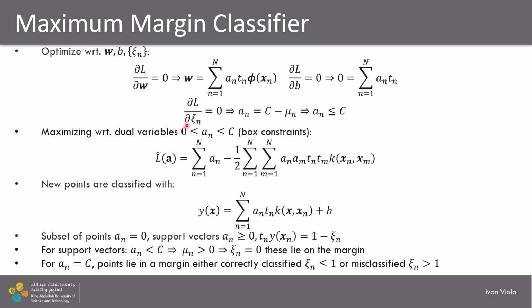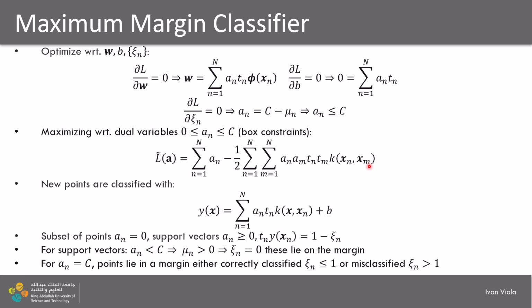Now, if we reformulate the Lagrangian formula after we acquire the respective relationships from the primal variables and their derivatives, we will find that we end up with the same formula as before, where we have the sum of an minus half of the double sum, with an, am, tn, tm and the kernel components.